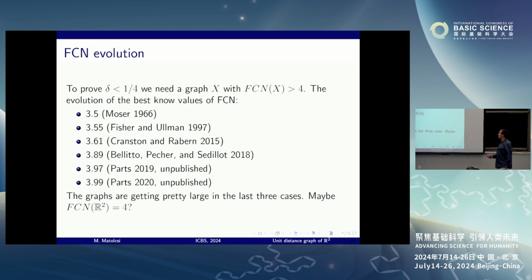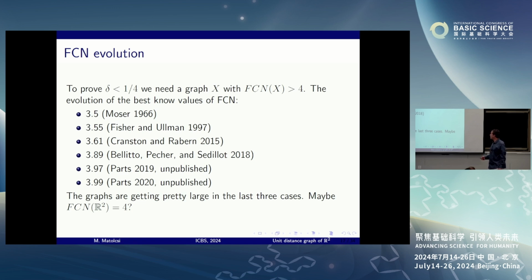And then you just go like this. So it's 3.55 by Fisher and Ullman in '97, and then 3.66, 3.89. Actually, this result, 3.89, was constructed exactly with an upper bound on the density of one avoiding sets. And this gave one of the best bounds on the density.